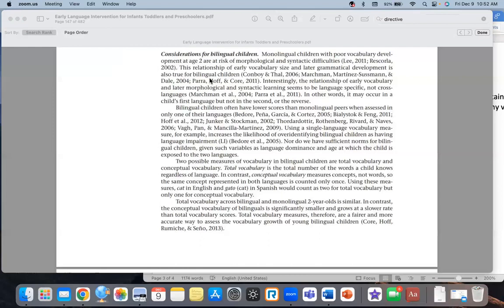Any other questions you guys can think of? Like the feeding and swallowing differences between pediatric and adults.